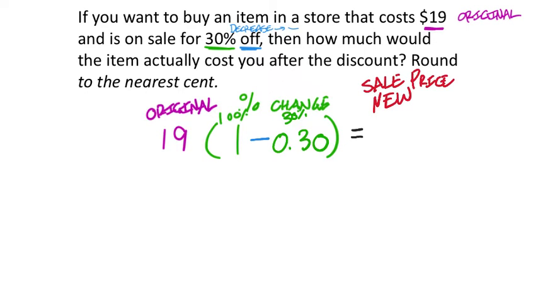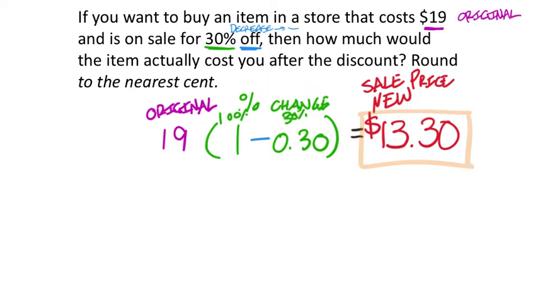If you can, that's great. When I do this in the calculator, after taking off 30%, it says 13.3. I'm going to put 13.30 because we are looking at money. So there it is, $13.30 after a 30% discount.